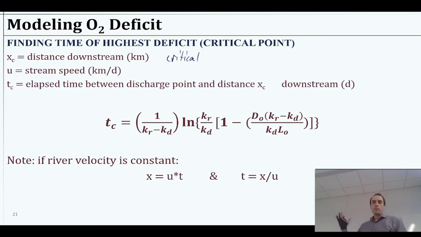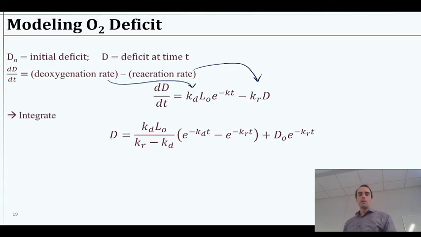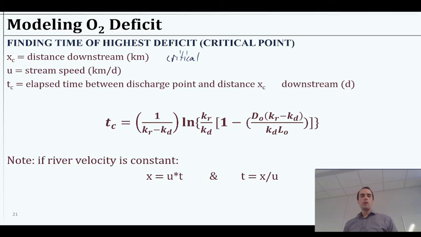Now, it turns out if we were to do sort of a maximization or minimization of this, I guess max on deficit, right? To find the local maximum, again, the book provided us a nice equation here. It'll look like this, where the time is going to be equal to 1 over kr minus kd, again with a problem if we happen to have equal rate constants.